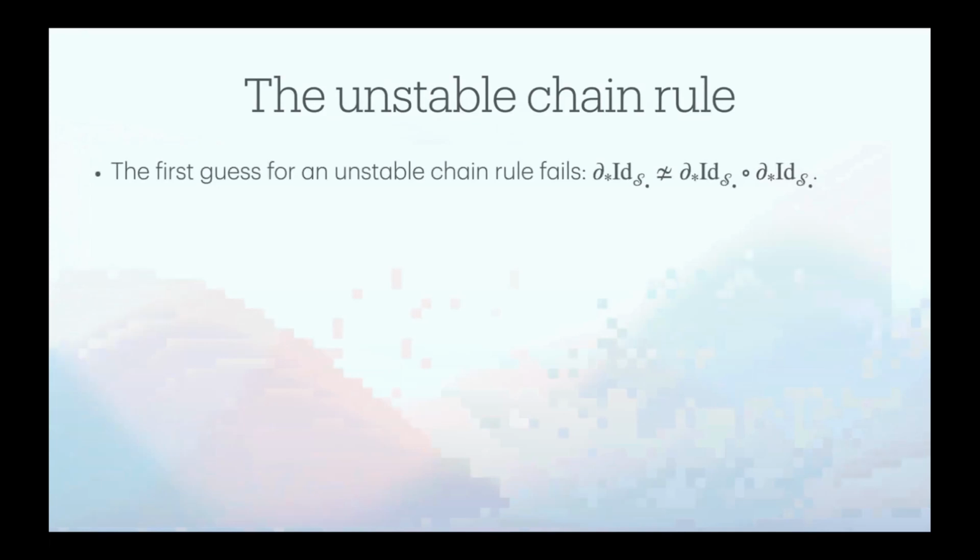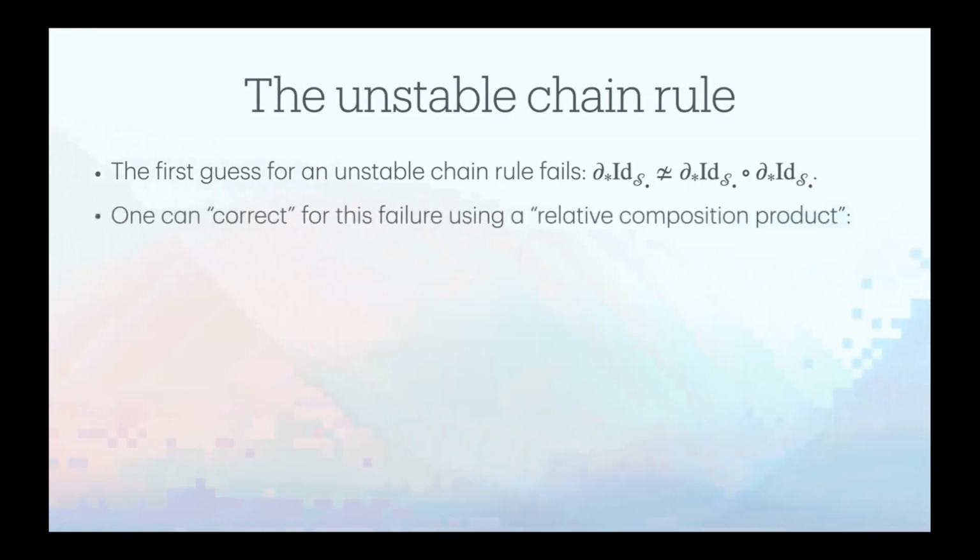So this already tells you that a similar kind of Faà di Bruno style formula cannot hold, because any strong monoidal functor would preserve the units, and in particular one would have an equivalence like this, but one can just check by hand that such an equivalence doesn't exist. But there's a way of correcting for this type of failure, namely by using relative tensor products, or in this case, a relative composition product.